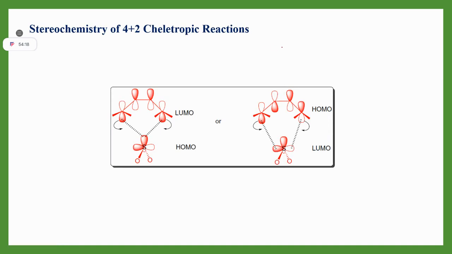Let's say we have a diene, right? And if we draw molecular wave functions, since this is having 4 electrons, I'm just drawing end orbitals.